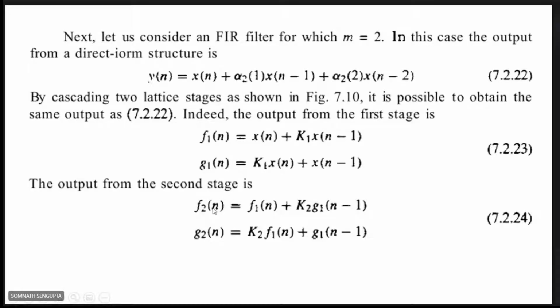So the second stage, f2n, is calculated from its inputs. There are two inputs, f1n and g1n.